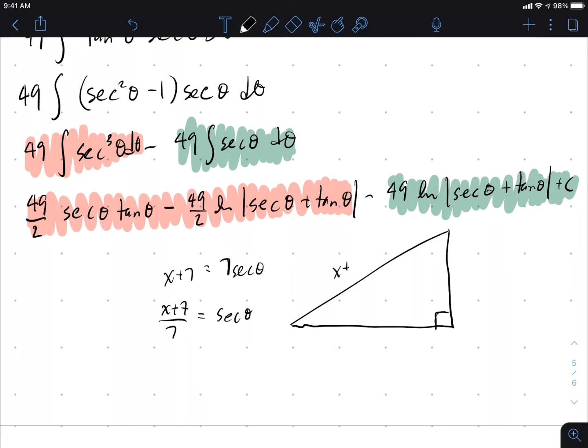So this should be x plus 7, and this should be 7. And then this here would be the root of x plus 7 squared minus 7 squared, which is what we originally had, which is x squared plus 14x. Cool?